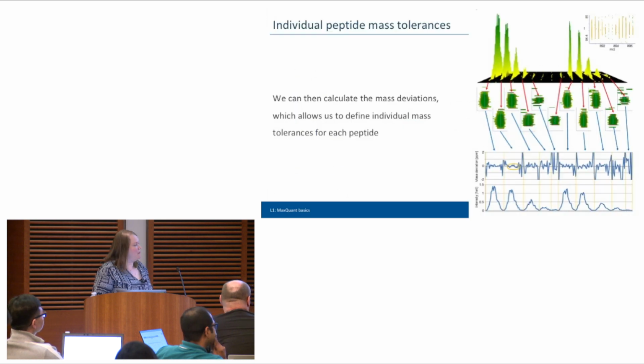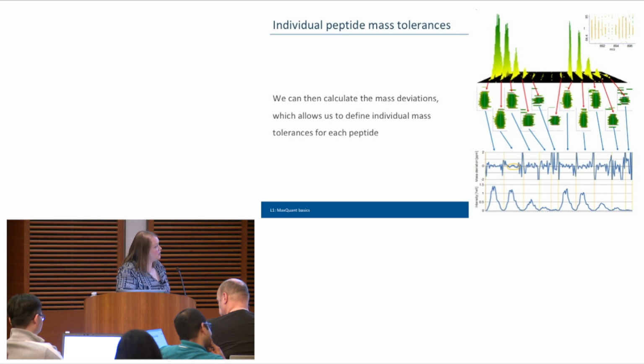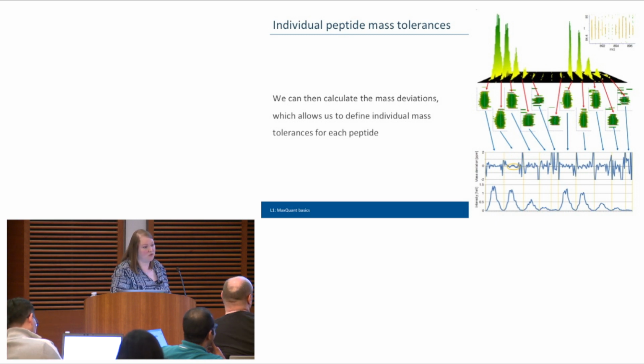Then we can do what we just did with many peptides. So we have the estimate, and because of the zigzag, we know the mass error. We can calculate this, and then we get an error distribution for every peptide. This error distribution tells us the tolerances for each individual peptide.